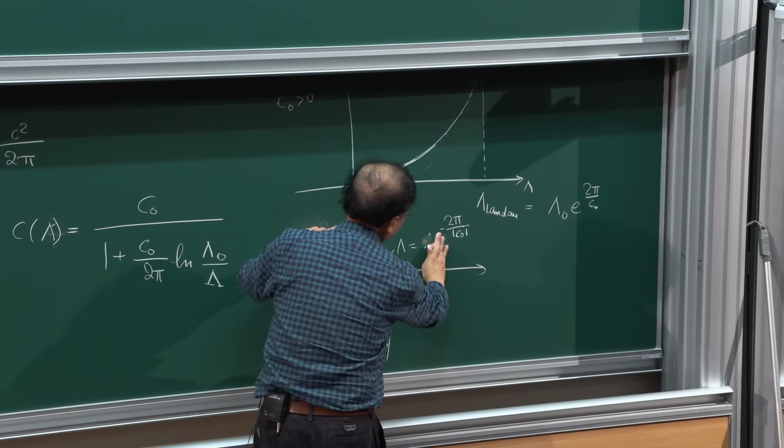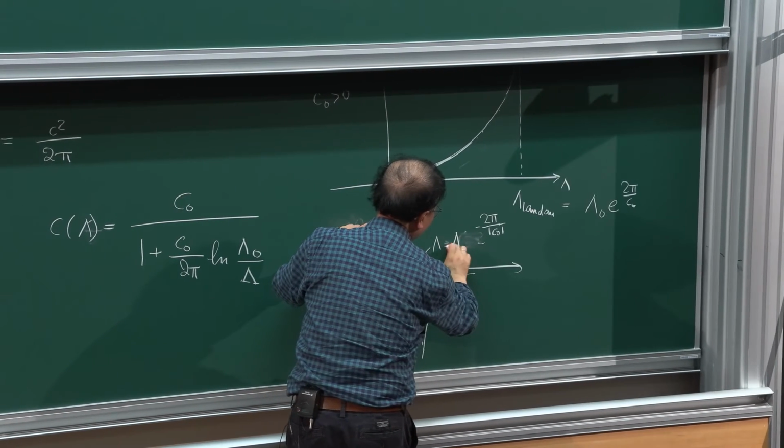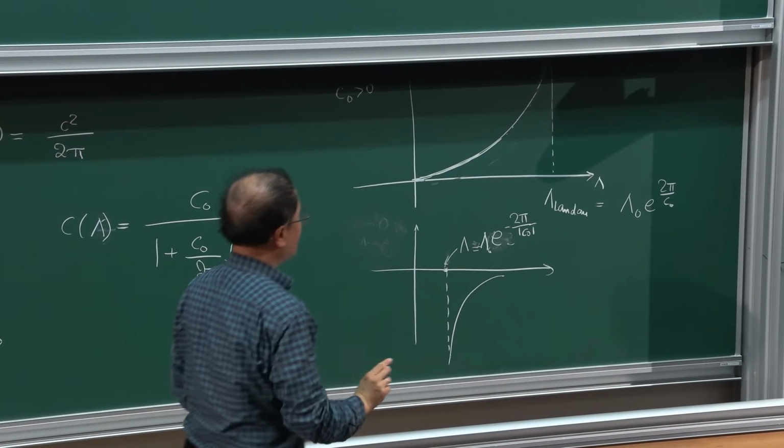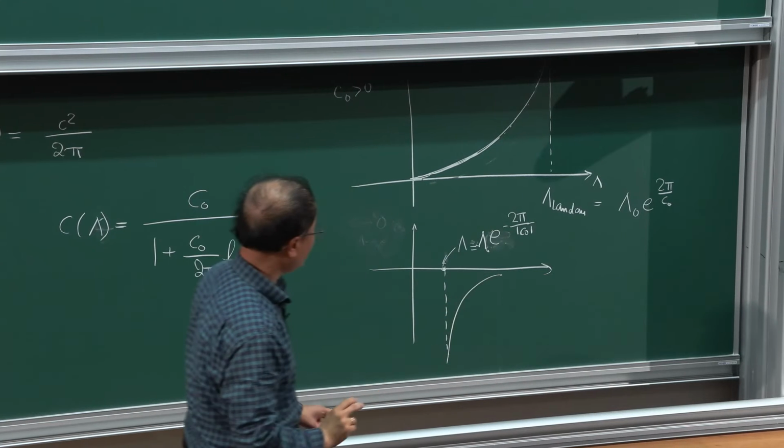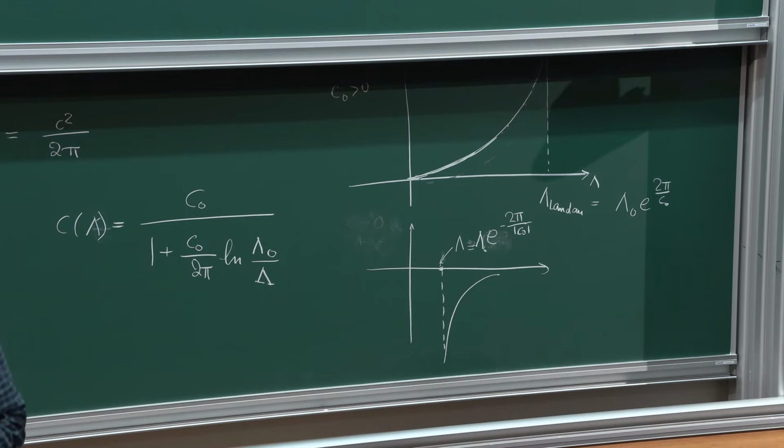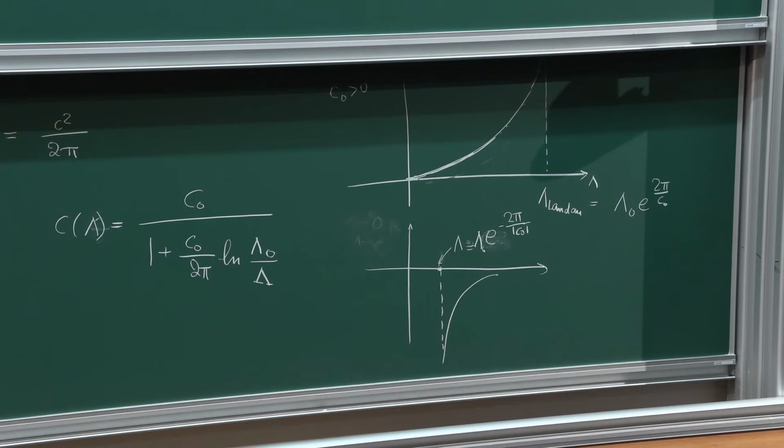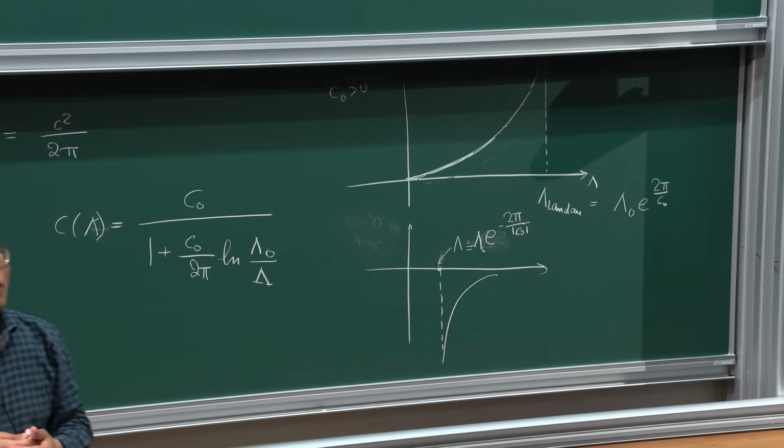The theory seemingly would approach a strong coupling regime when the coupling constant, according to the solution to the one-loop beta function, goes to infinity.